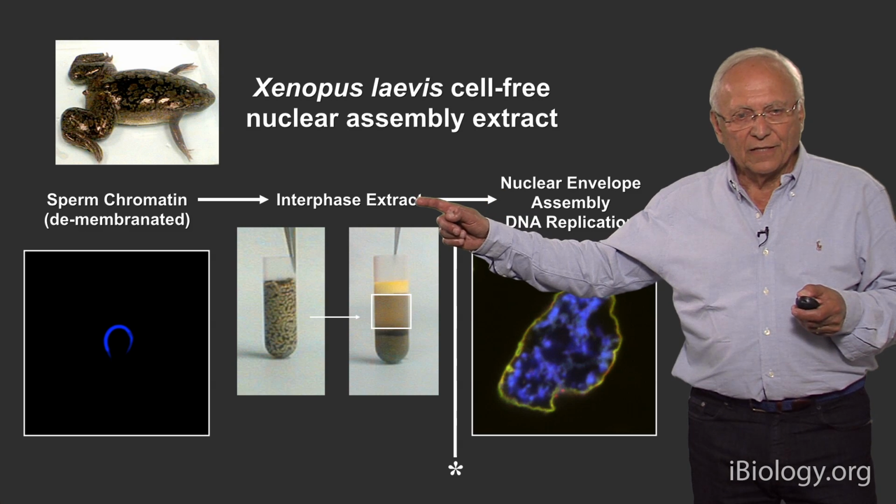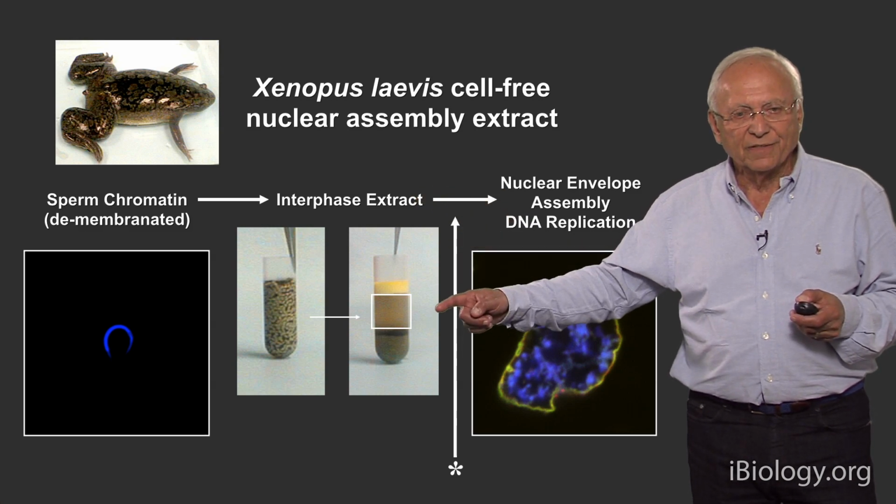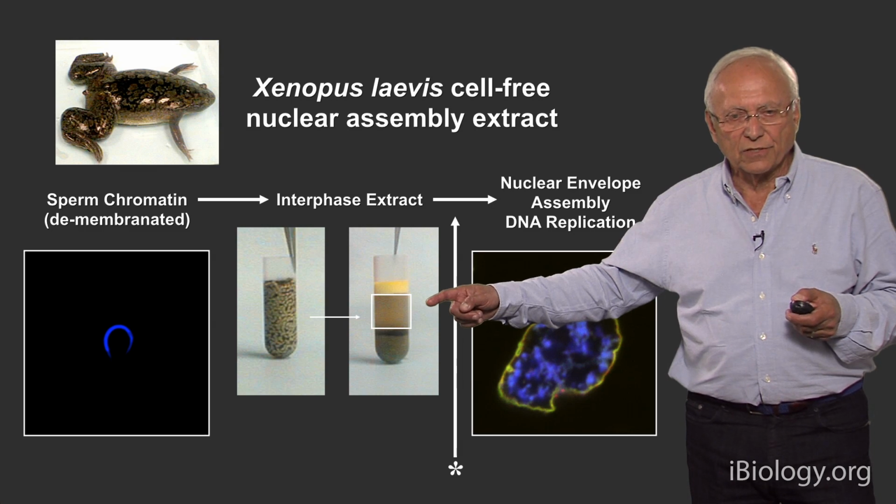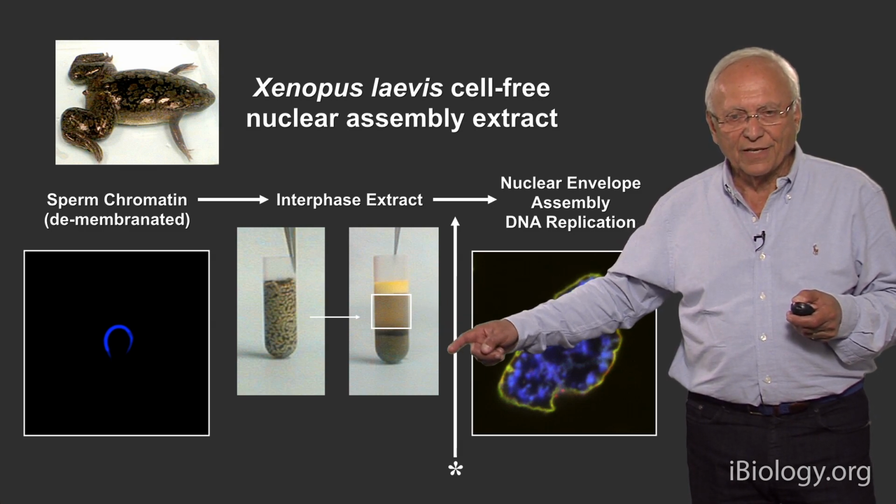And on the left side, you can see sperm chromatin, which has been denuded. That is, the sperm tail is removed and the membrane in the head of the sperm is removed, so all you have is a condensed mass of chromatin, and you put it into this interphase extract, which is easily prepared by centrifuging Xenopus eggs.